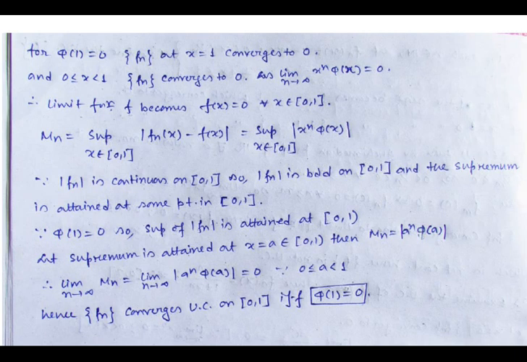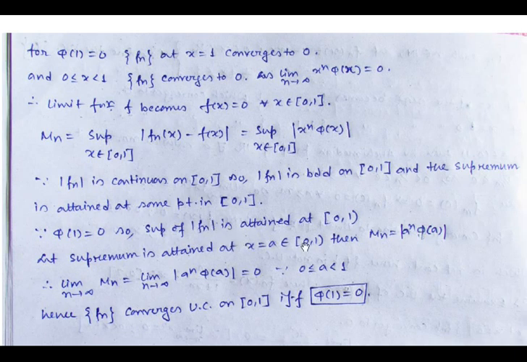Now here phi of 1 equal to 0, so we are considering any point in [0, 1) at which the supremum of mod of f_n exists. So we are considering a point x equal to a lying in [0, 1) at which mod of f_n will attain its supremum value.